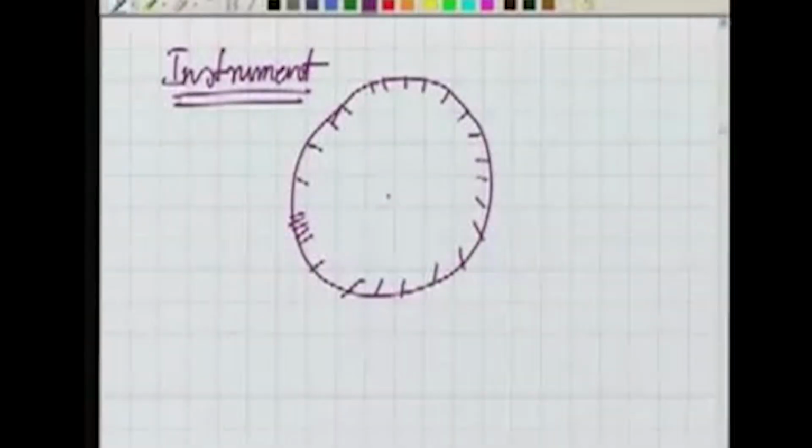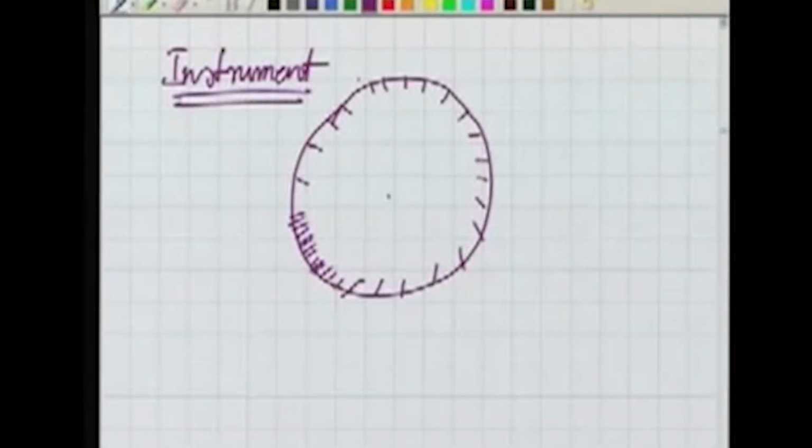If because of some problem these graduations do not follow linearity, somewhere they are very close to each other, while at some other places they are very far apart, still the total number of graduations will be the same, but they are non-linear in that 360-degree angle.